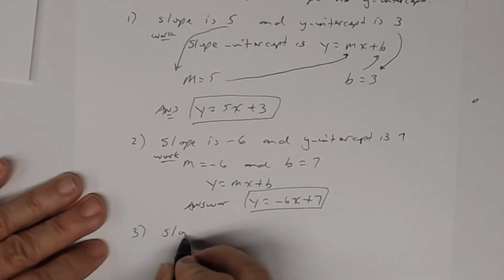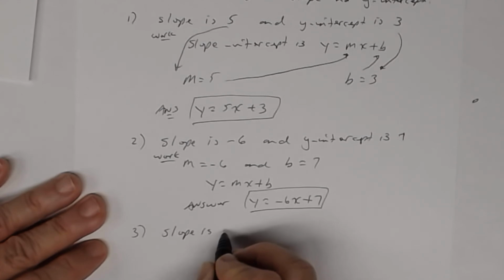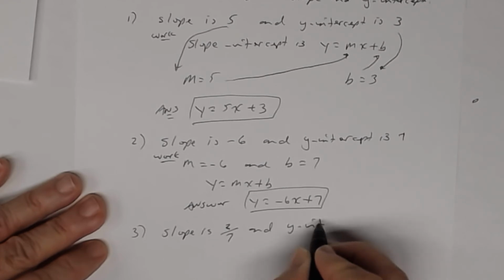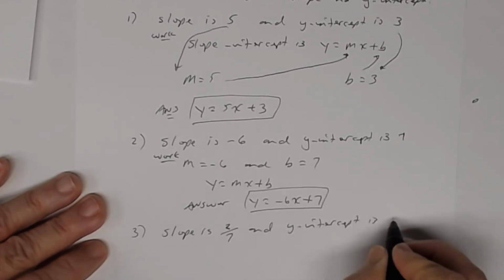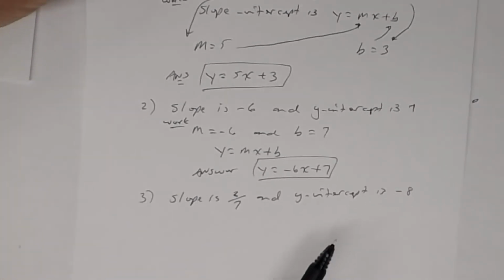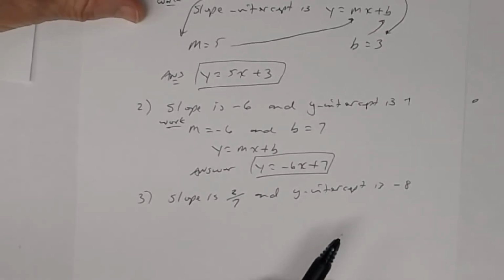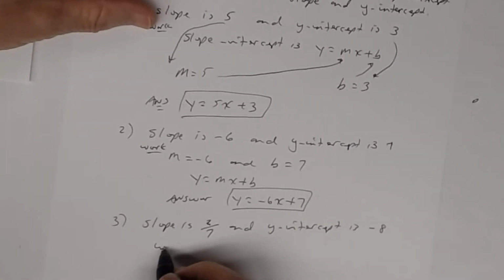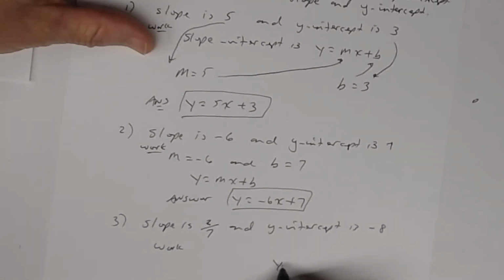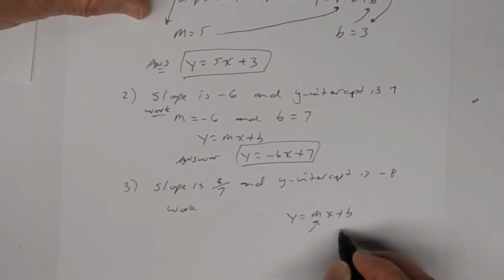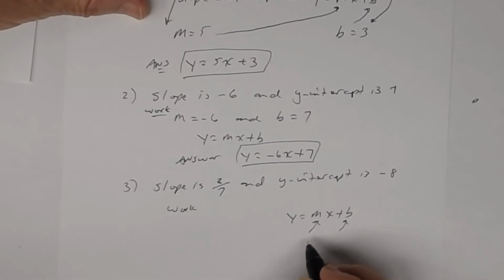All right, number 3. Let's suppose this time that the slope is 2/7 and the y-intercept is -8. Not difficult at all, right? So you know what to do. If you want to write the equation in slope-intercept form, y equals mx plus b, you need to know the slope and the y-intercept, and you do.